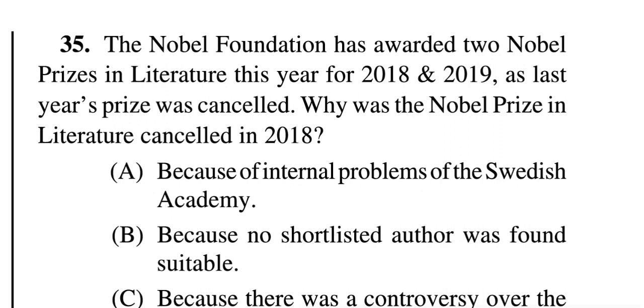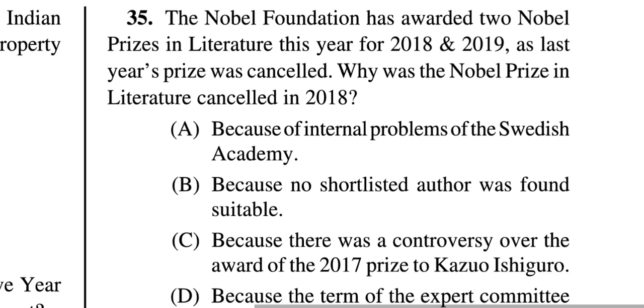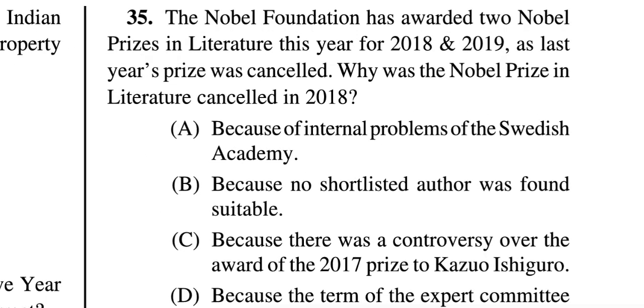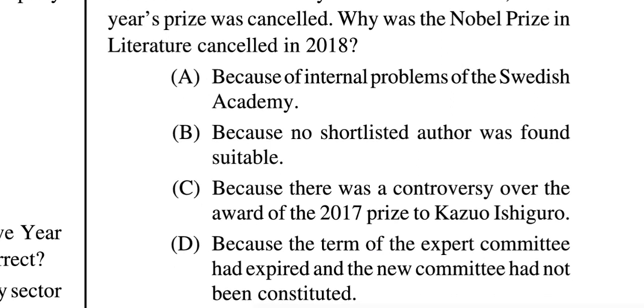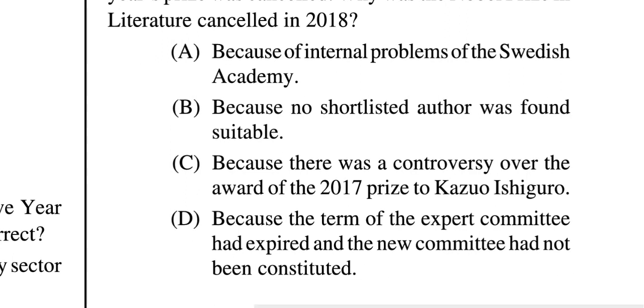Why was the Nobel Prize in literature cancelled in 2018? Because of internal problems of the Swedish Academy. Number B, because no shortlisted author was found suitable, because there was a controversy over the award of the 2017 prize to Kazuo Ishiguro, and because the term of the expert committee had expired and the new committee had not been constituted.